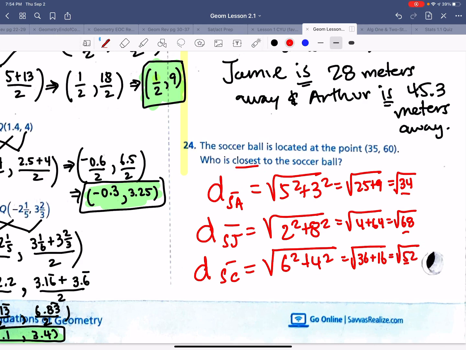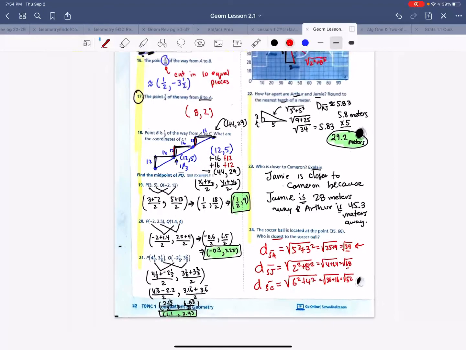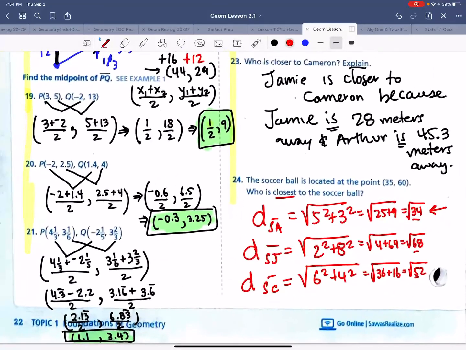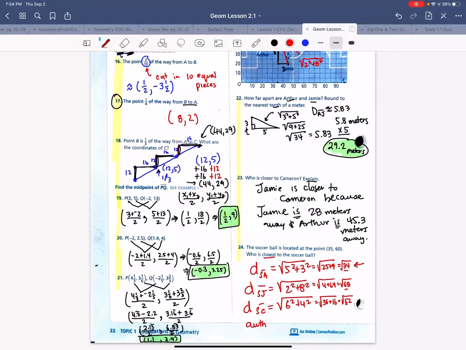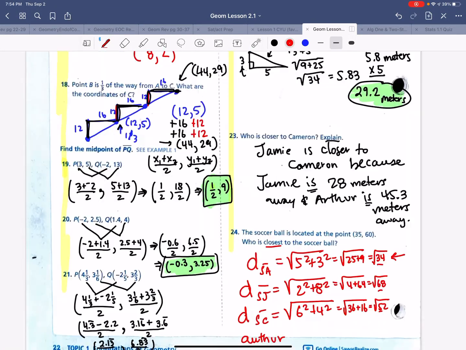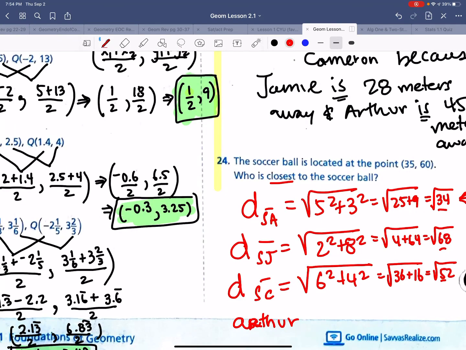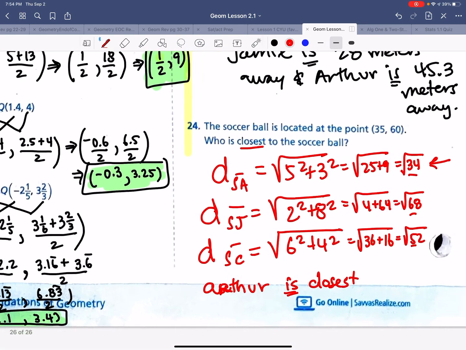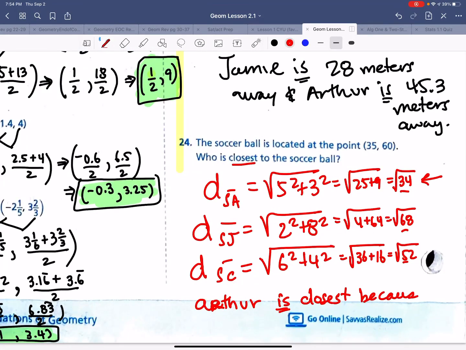So who's the closest? Definitely it looks like Arthur. Arthur is closest because he's the shortest distance away. Nice work, guys. See you next time.